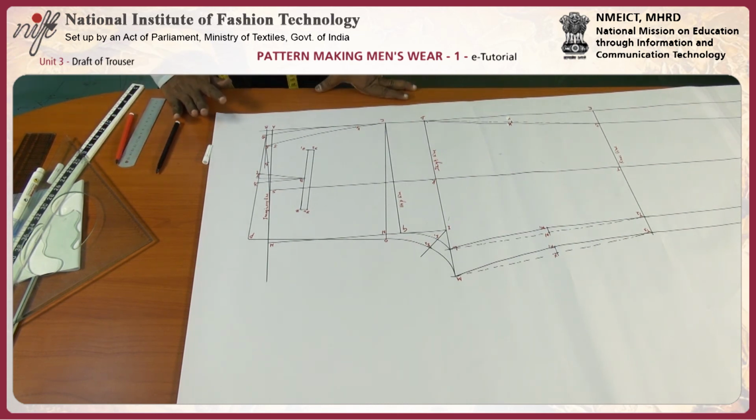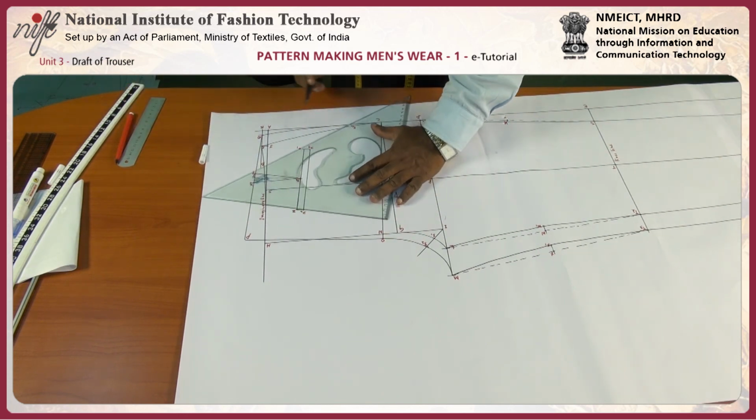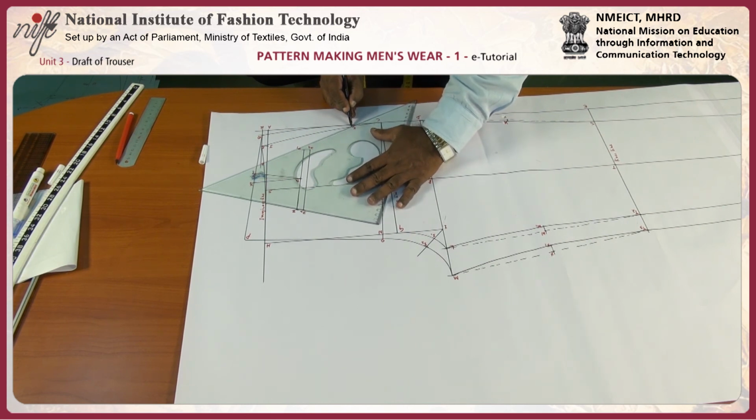Draw K1, K2 16 centimeter and 17 centimeter as shown in the figure. Now connect K1 and K2 to give the diagonal line.